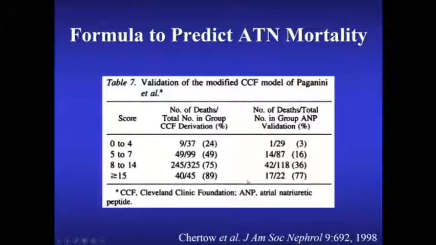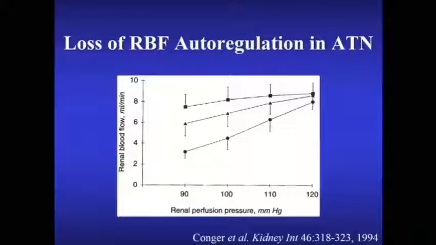And so, I suppose, we should think about this a little more often, particularly if you're having difficult ethical conversations with families about predicting outcome for their patients. If you've got a patient with acute kidney injury and other comorbidities where the mortality is near 100%, perhaps this should be part of the conversation that we have with them. And you could think about these sort of formulas to help with that prediction.